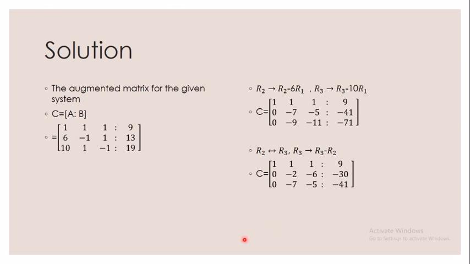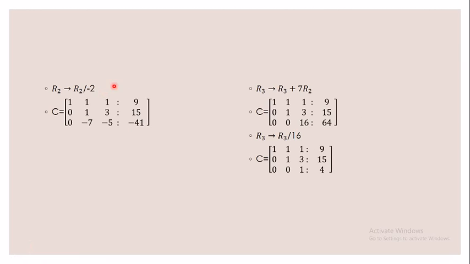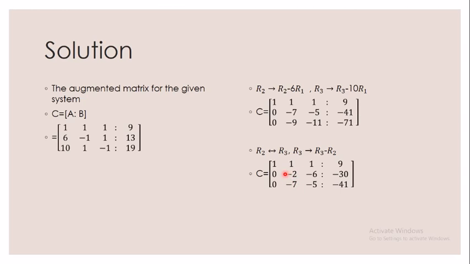Now after that, here you can see a -2, this element. One of our conditions was that the diagonal elements should be unity. So I'm going to convert this -2 into 1.